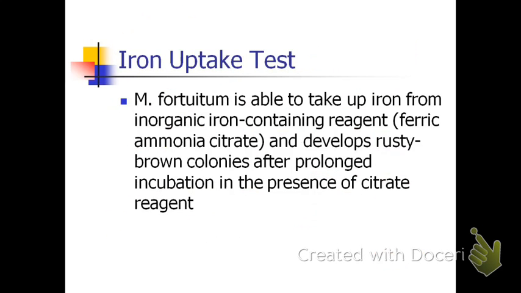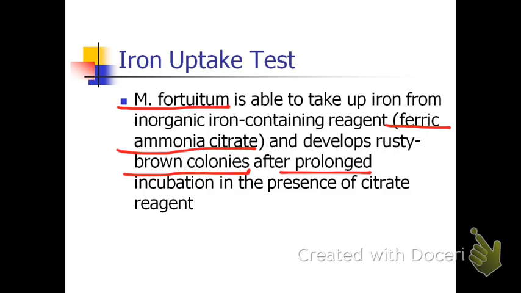Another one is the iron uptake test. This concerns another species of Mycobacterium, Mycobacterium fortuitum. These organisms have the capability of taking up an inorganic iron-containing reagent, usually in the form of ferric ammonium citrate, and eventually develop rusty brown colonies after prolonged incubation.